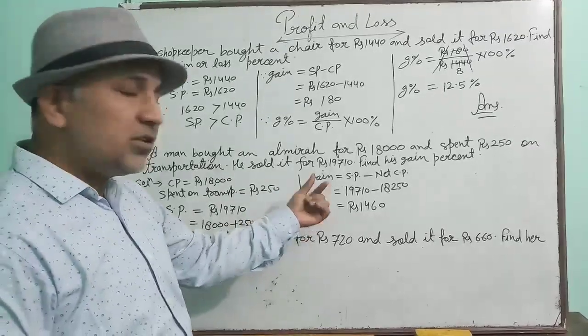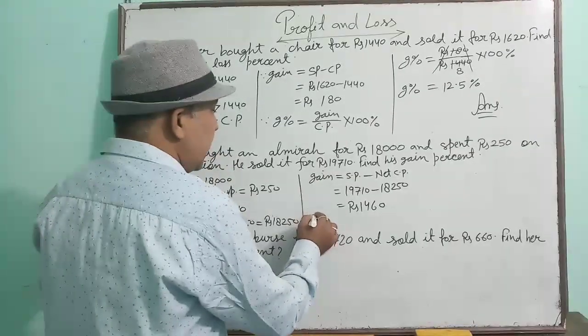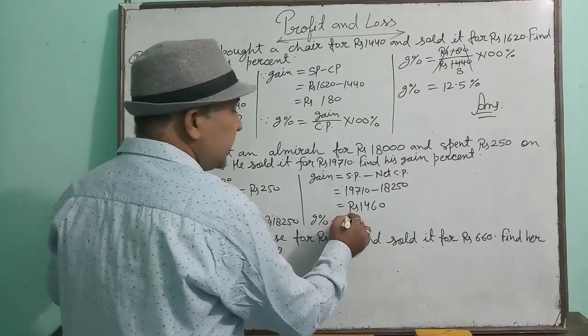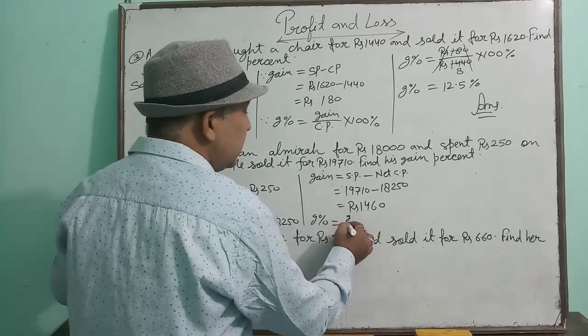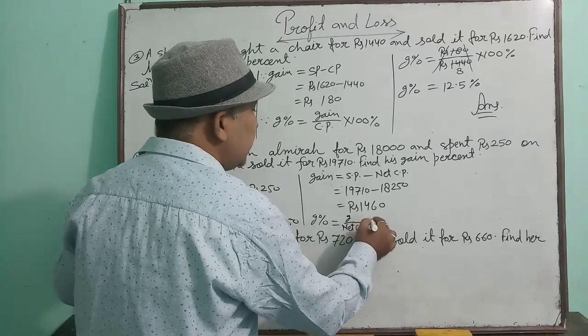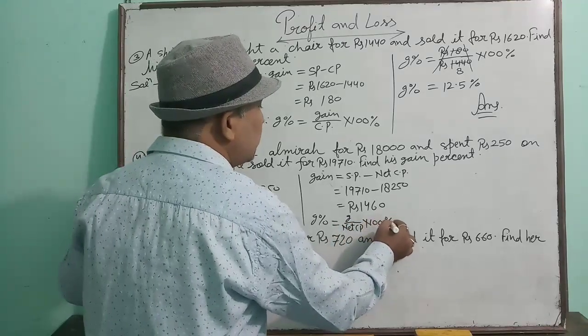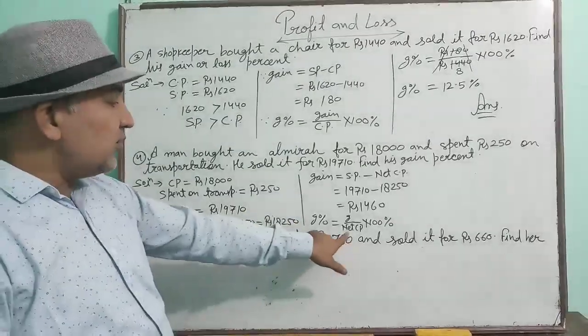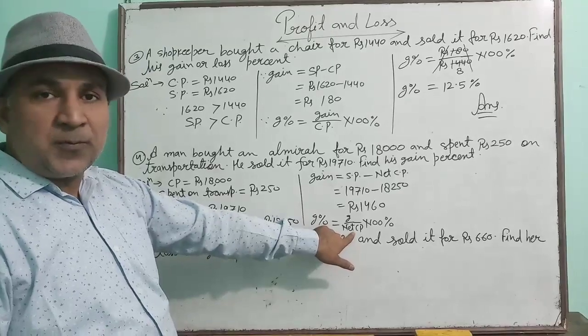But we have to find gain percent. So we will convert this into gain percent. And how to convert gain into gain percent? Gain upon net CP will be multiplied by 100%. This is the noted point. Here you will put the value of net cost price.